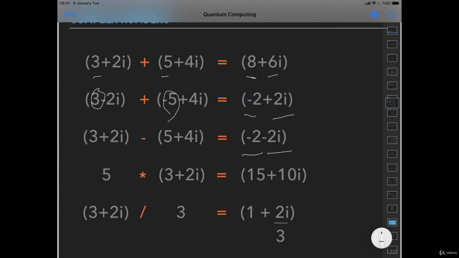If you're gonna do a multiplication, then you're gonna just have to multiply the real number and then multiply the imaginary number. That's it. It's very easy, and it goes the same way for dividing a complex number as well. You just divide the real number and then you just divide the imaginary number as well. So this is easy, right?